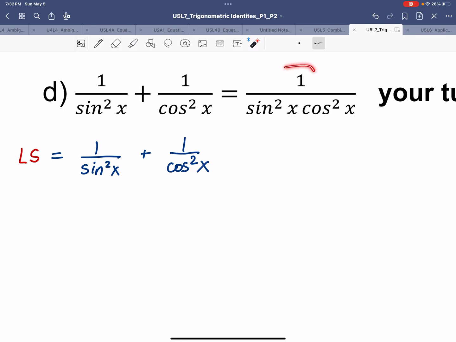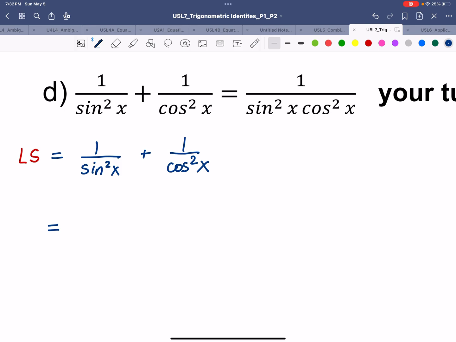Since we're trying to get a single fraction, then I must think, since I have two fractions and I want to get to one fraction, why not combine these two? It can feel like a daunting process to combine two trig terms, but remember, these are just algebraic expressions that contain trig terms.